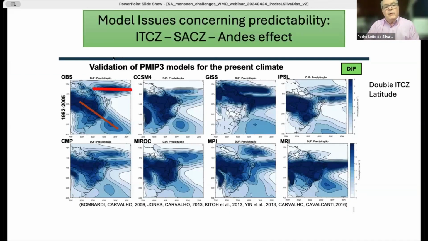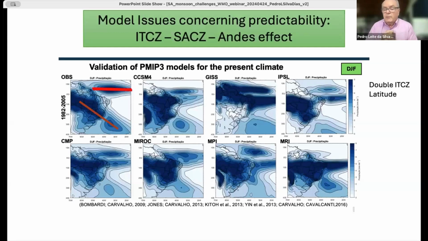Models, as you can see here, for instance, do have a significant problem in the location of the ITCZ. Here on the left with the red arrows, you have the ITCZ and the South Atlantic Convergence Zone. Several models have a double ITCZ. Some models have the ITCZ well to the south of the observed position.